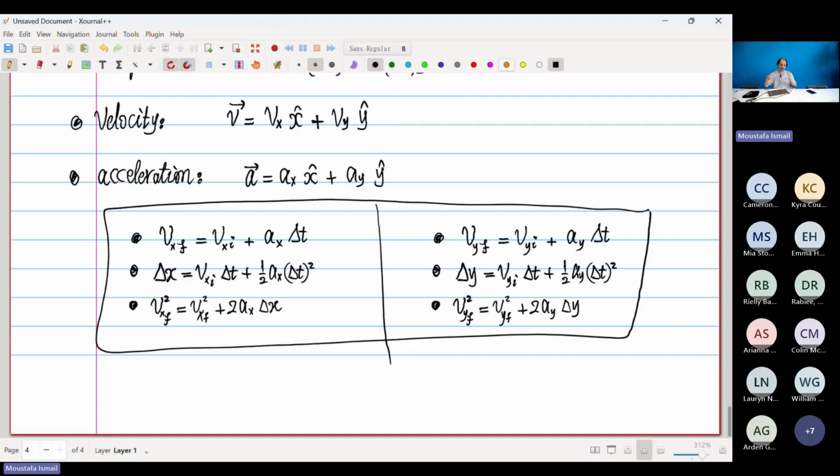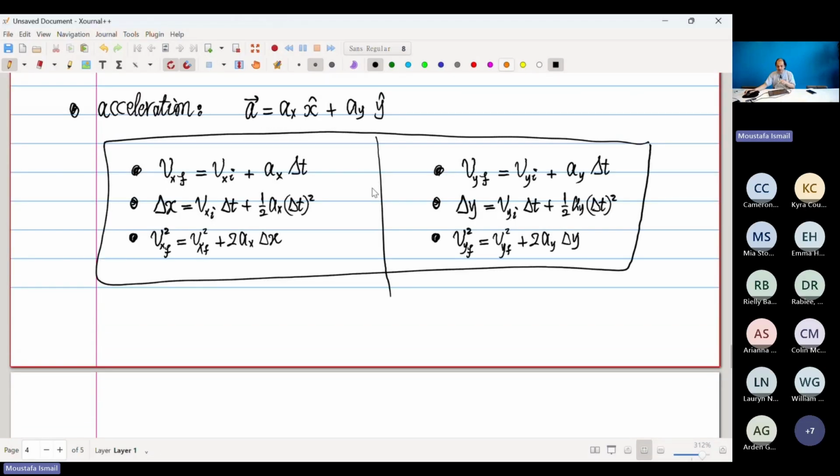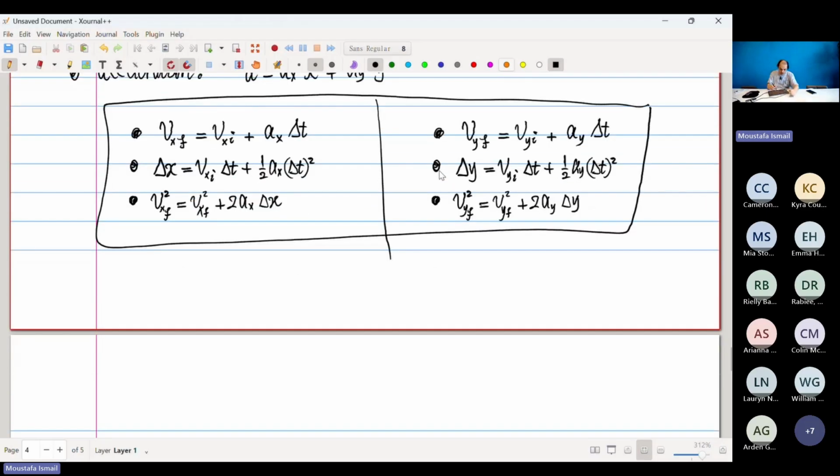So these two are completely independent. The only thing in common is the time elapsed. But completely independent motion. So the x and y directions are independent.